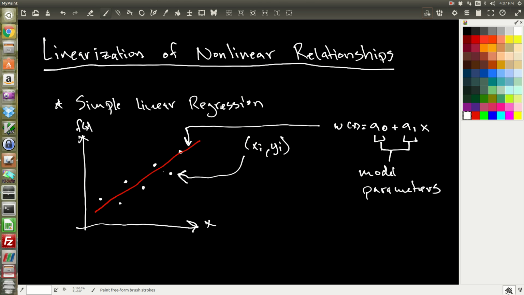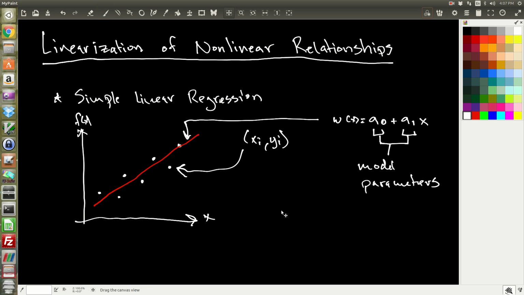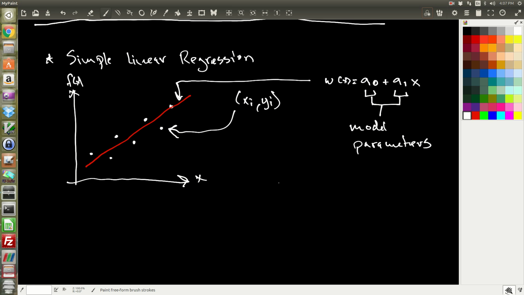So in order to find the best line, we need to find the parameters a naught and a1 that define that line that minimize the sum squared error.